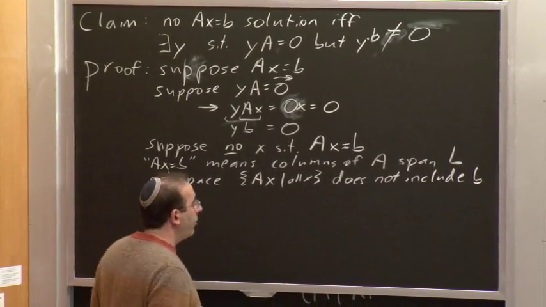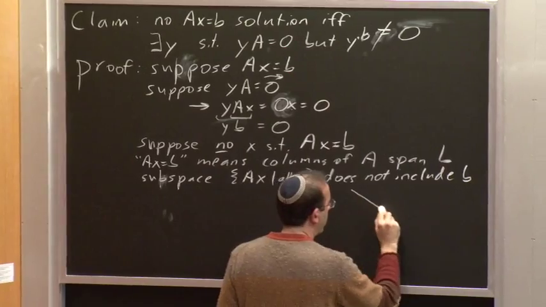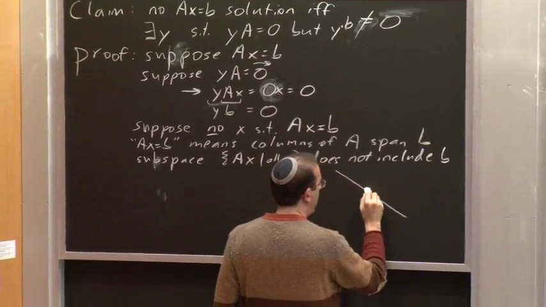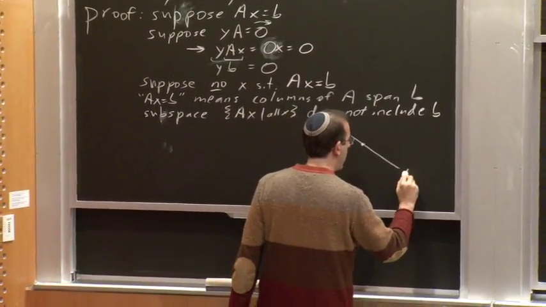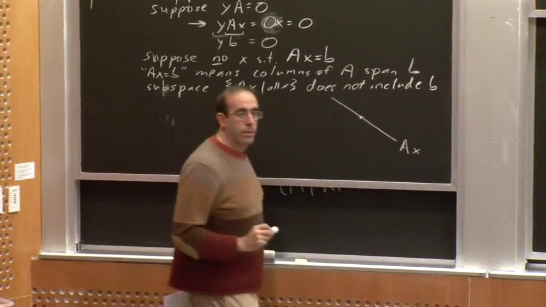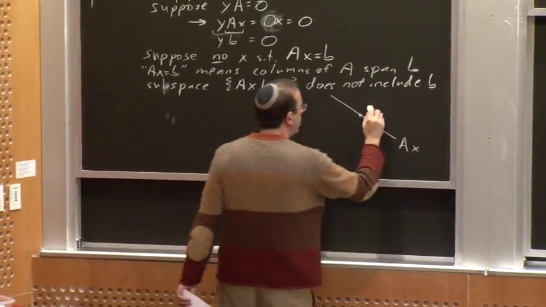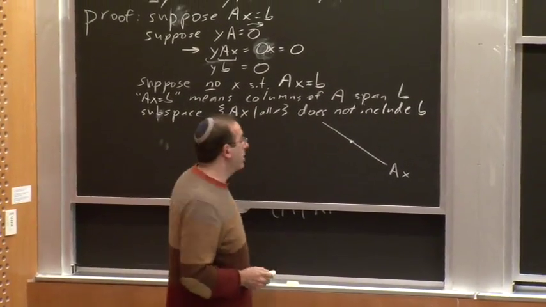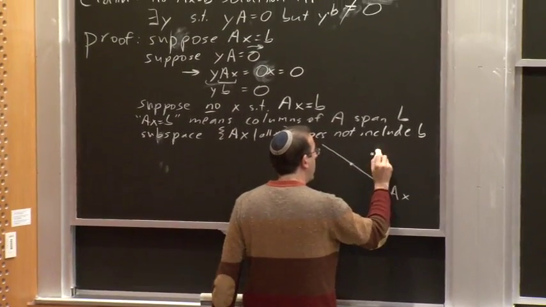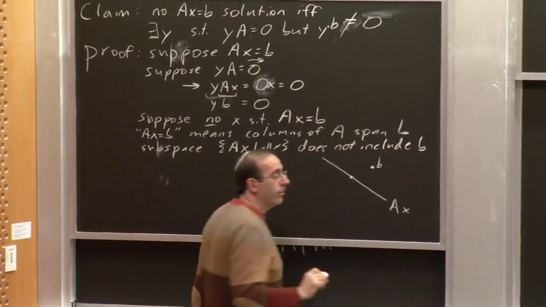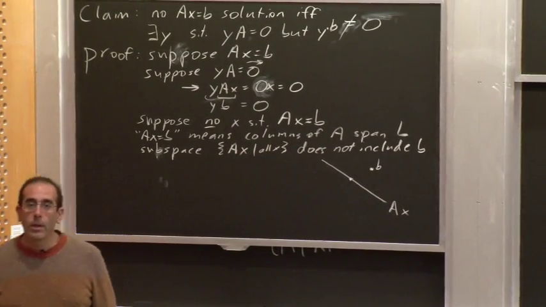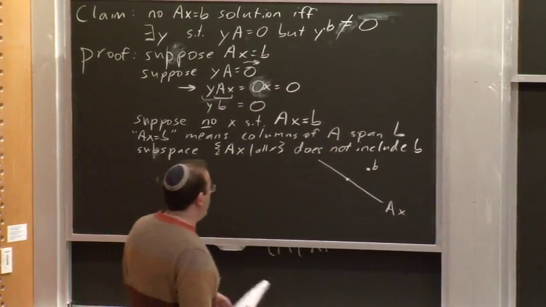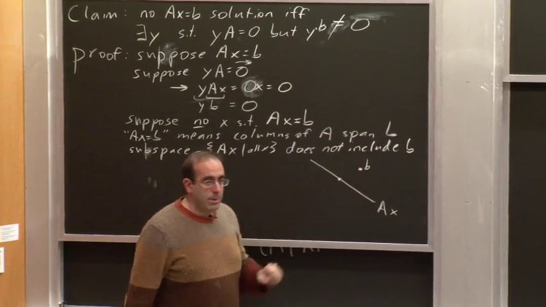Okay, so pictorially, I can go and draw my subspace. Here's Ax. And since I only have 2 dimensions to work with, I'm going to have to make Ax be a 1-dimensional subspace. And here's b. And we've argued that b is not in the subspace.